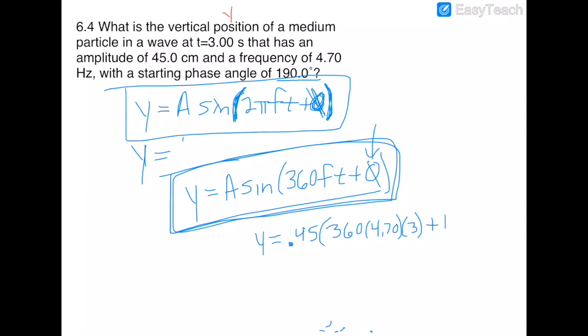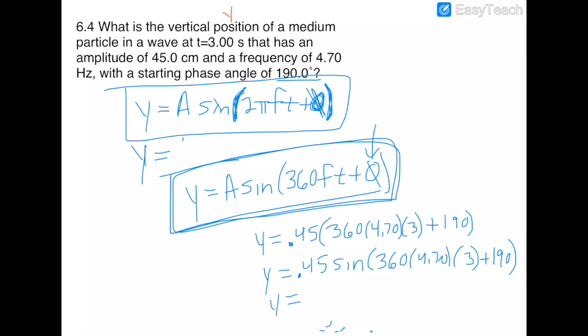Since I'm using this equation, I can leave it at 190 degrees, and that would be it. I totally forgot my sine there, so I'm going to rewrite that: y equals 0.45 times the sine of 360 times 4.70 times 3 plus 190.